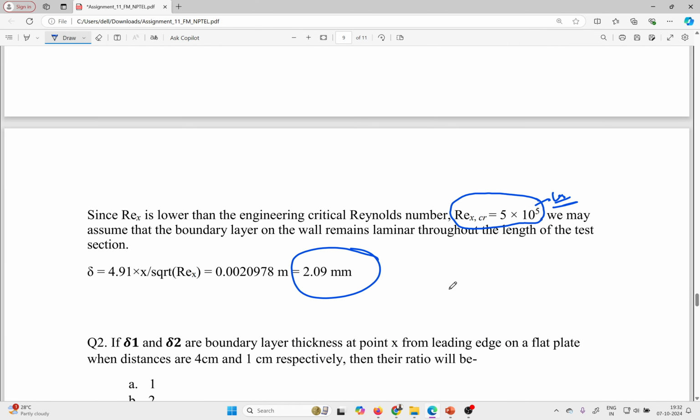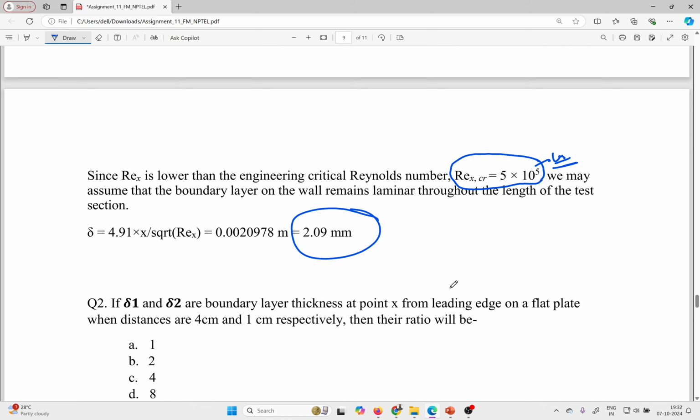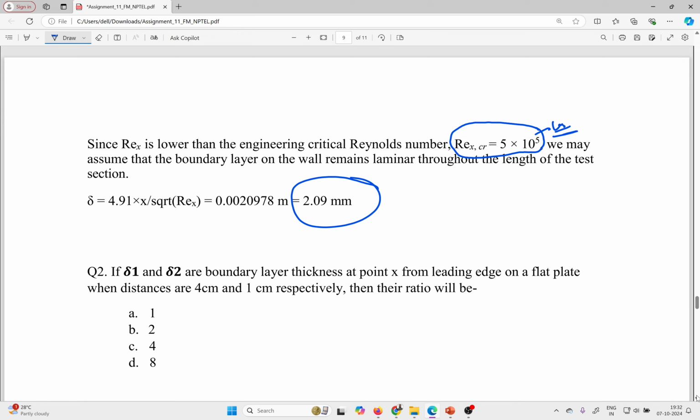Now we'll move on to the second numerical question.